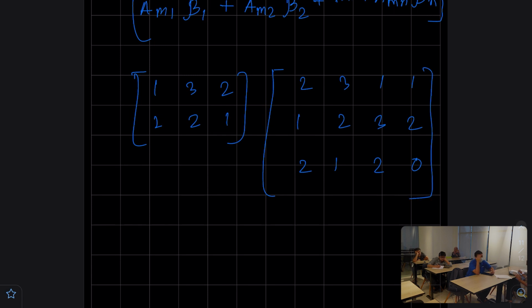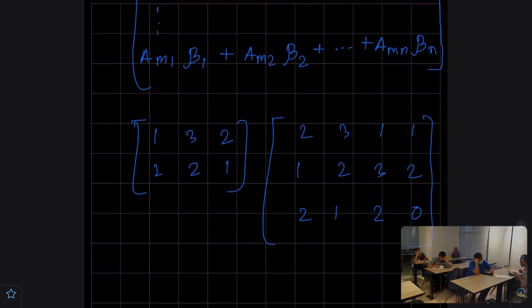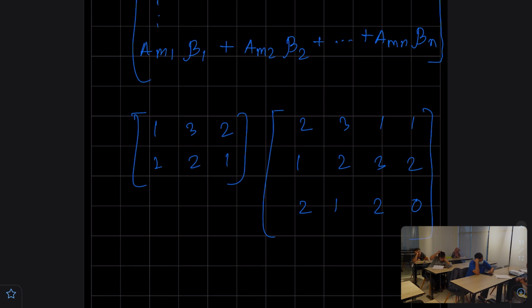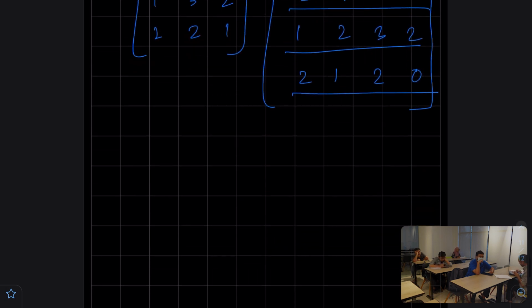You can check this multiplication. Actually, you can interpret this multiplication in the above fashion, I mean, as a linear combination of the rows of the latter matrix.